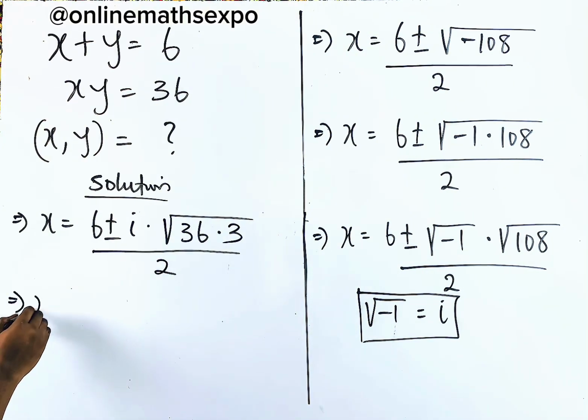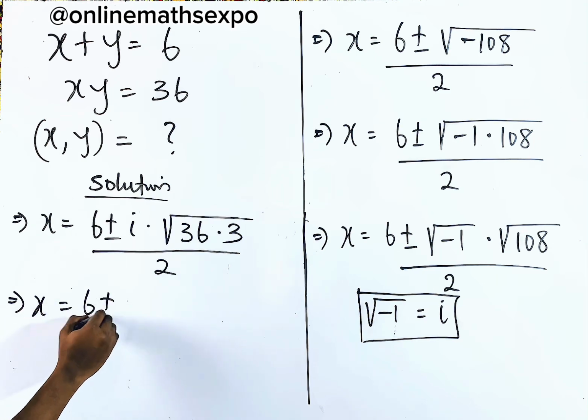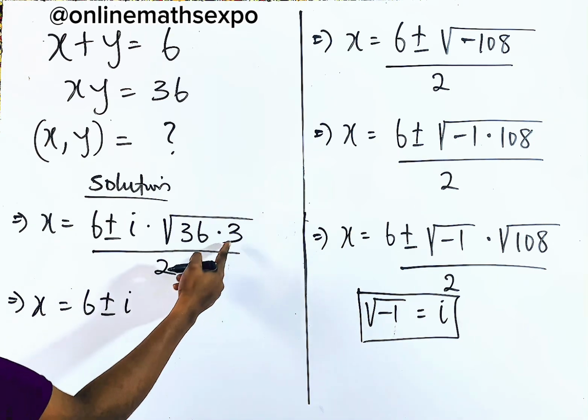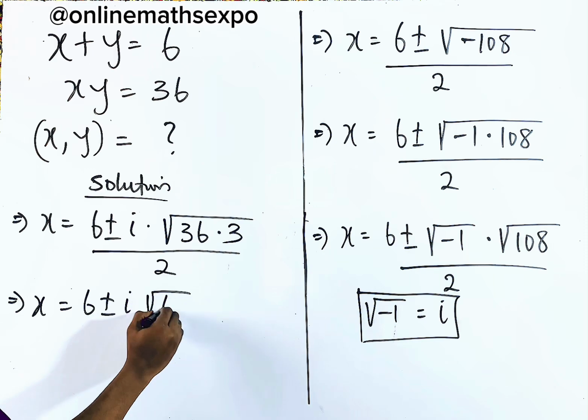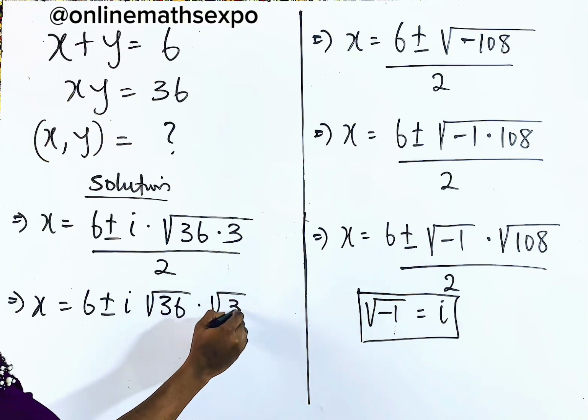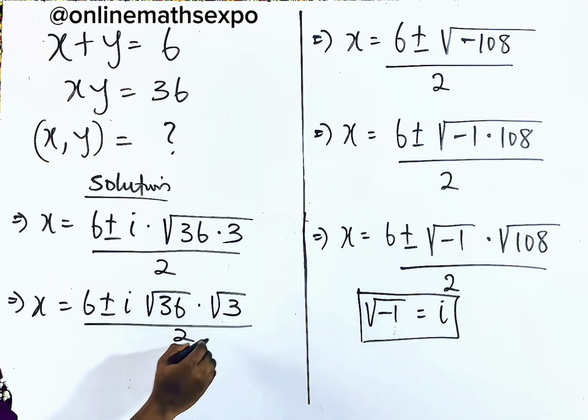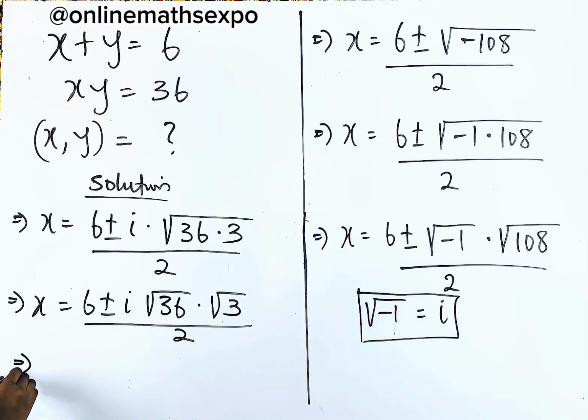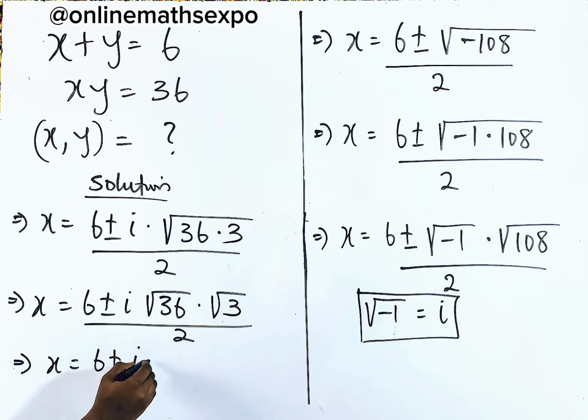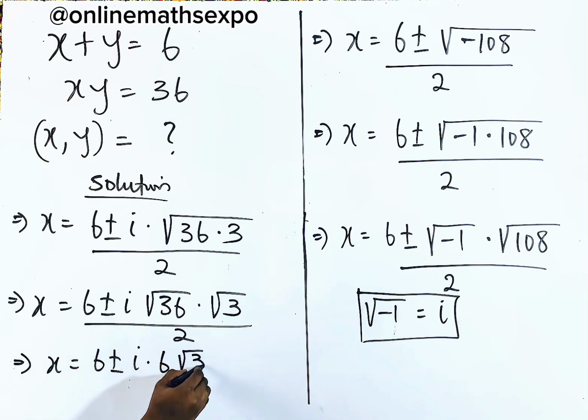So we're going to have x is equal to 6 plus or minus i. Also split this, we have root of 36 multiplied by root of 3, divided by 2. So x is equal to 6 plus or minus i, square root of 36 is 6, multiplied by root 3, divided by 2.